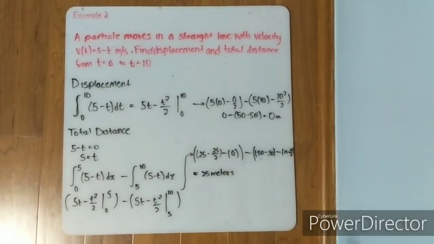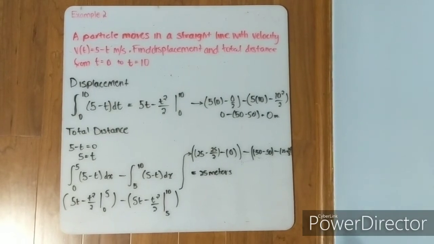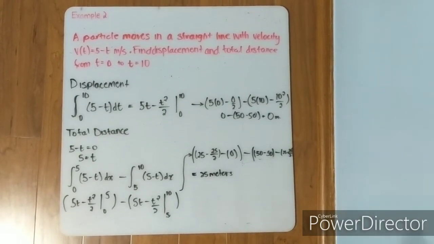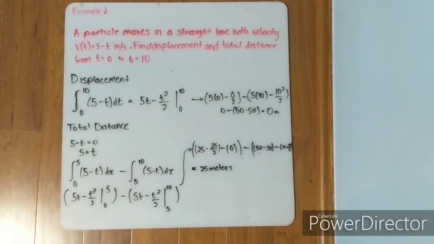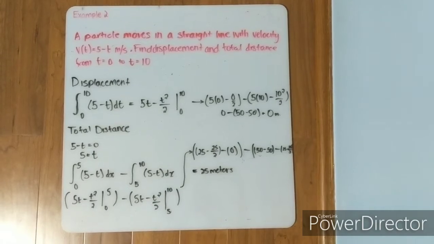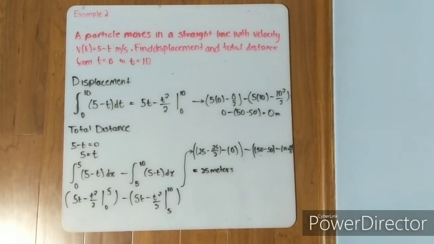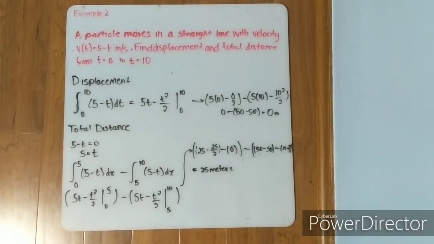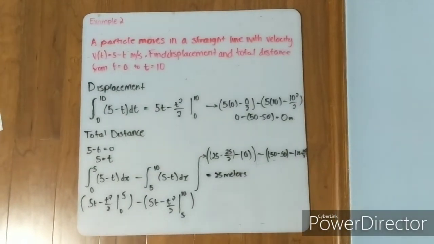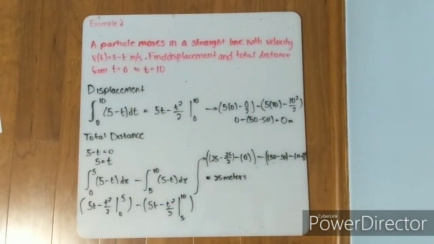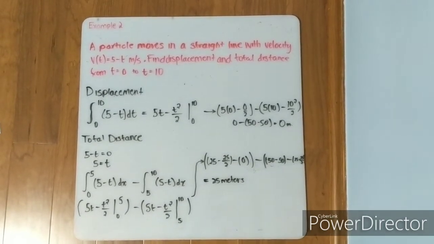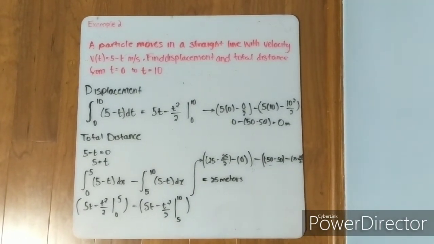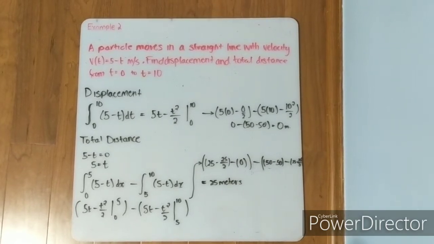Example 2. A particle moves in a straight line with velocity v of t is equal to 5 minus t meters per second. Find displacement and total distance from t equals 0 to t equals 10. So for displacement, once again, we're going to be taking the normal integral from 0 to 10. Once I took the antiderivative, which happens to be 5t minus t squared over 2, I then plugged in both 0 and 10.